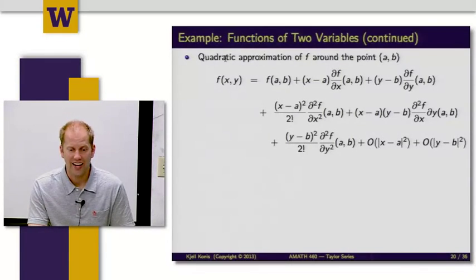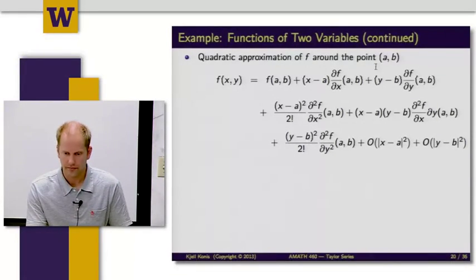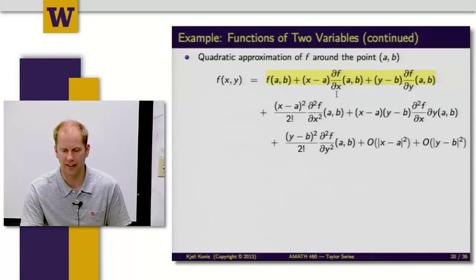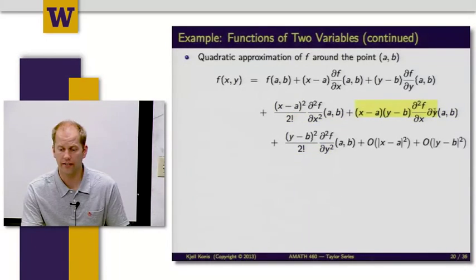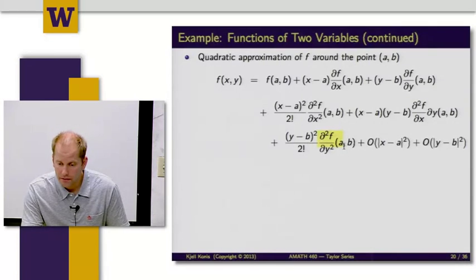Then if I want to add a quadratic term to my approximation, this is getting pretty yucky here. So the first row here is just the linear approximation I had from the previous slide. Then I need to split up the terms, so there's going to be 4 possibilities, but the cross term, which I have on the third bit here.